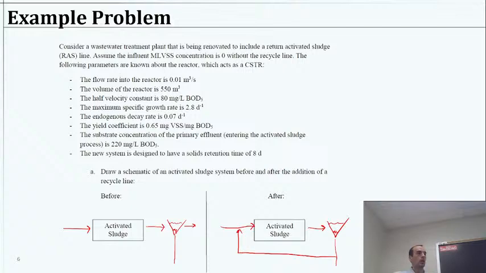That's pretty typical, or having some sort of sedimentation system, but you could draw it this way. If you didn't draw the clarifier in the beforehand, that's probably all right. Maybe it's a stabilization lagoon or something. But we just needed a return line coming from the second clarifier.